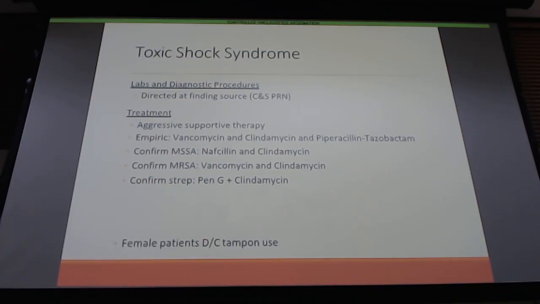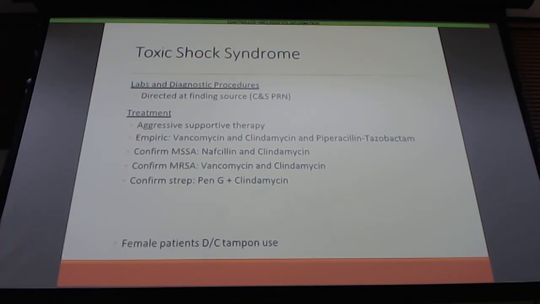And just be aware of tampon use for females. If they do get toxic shock syndrome, your recommendation should be that they do not continue to use tampons. Use pads instead. Once you're susceptible to toxic shock syndrome, if you continue to do the same things you were doing before, you may be more susceptible to getting it again.